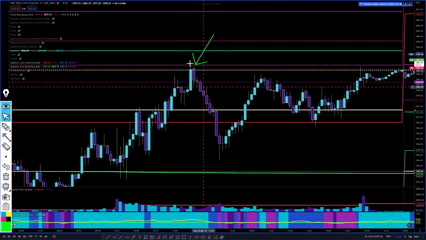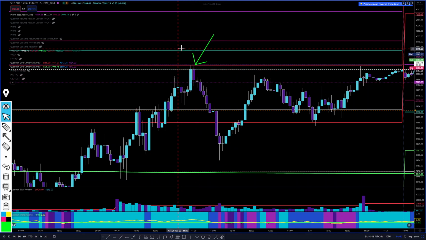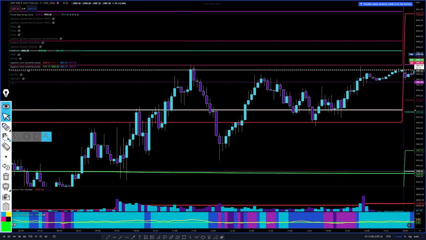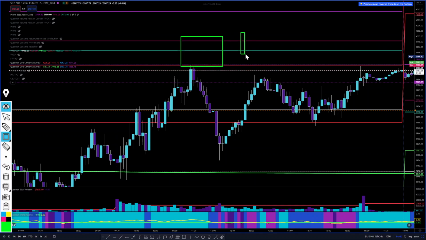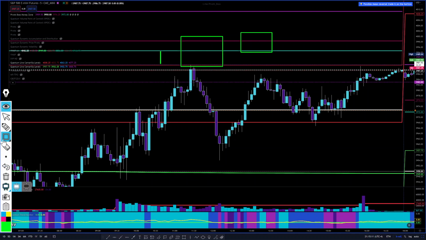When we ran up to that level, which is a heavy resistance level, it kind of coincides a little bit with the POC area of the money zone, which is these two lines right here. It's actually a couple points down, but still it's kind of running into a resistance level at this point, right?